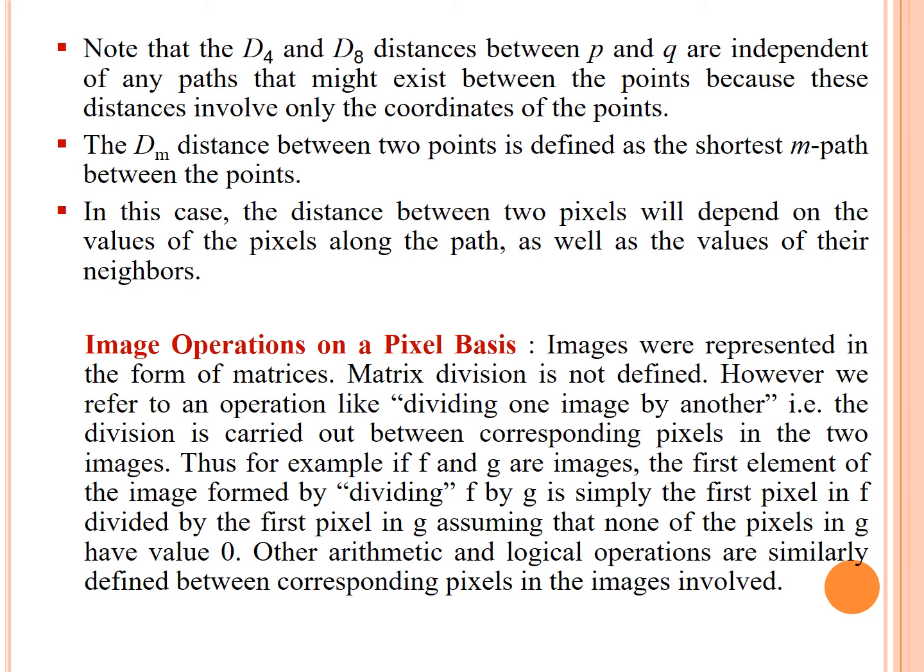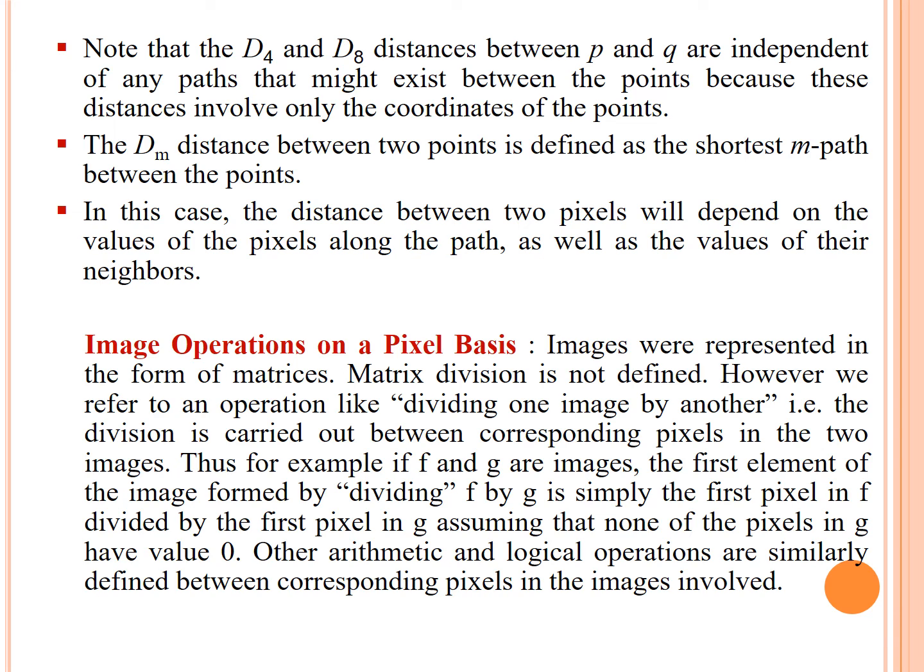Now, image operations on a pixel basis. Images are represented in the form of matrices. Matrix division is not defined. However, we refer to an operation like dividing one image by another. That is, the division is carried out between corresponding pixels in the two images.